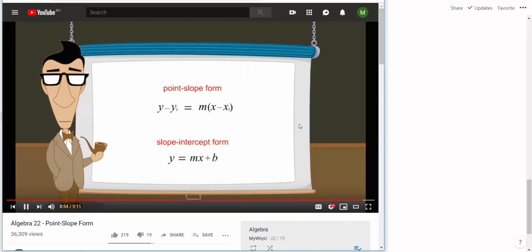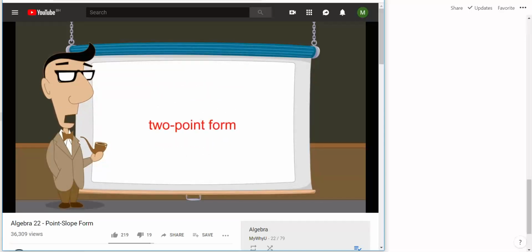However, either form may be more convenient, depending upon the information we know about the line. In the next lecture, we will introduce an additional form of the equation for a line, known as the two-point form.